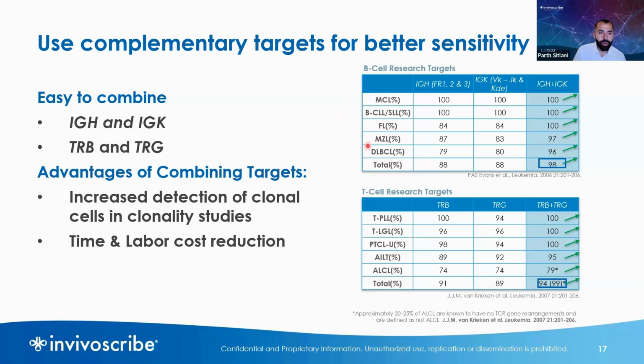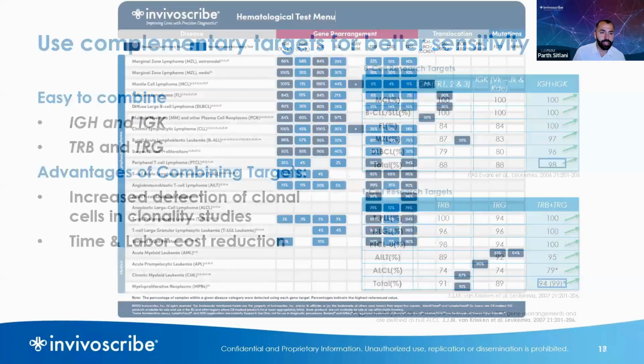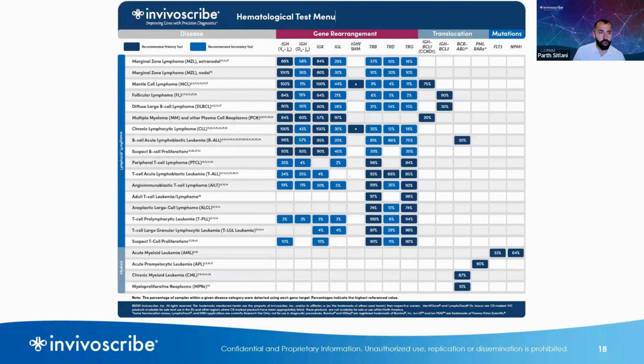Now, this can get a little bit difficult with the number of different diseases and the subdivisions of hematologic malignancies. So Invivoscribe does have a clear chart that helps to show which assays should be used for which different disease types. So here near the top, you can see we have primarily B-cell malignancies, and in dark blue are the primary targets.